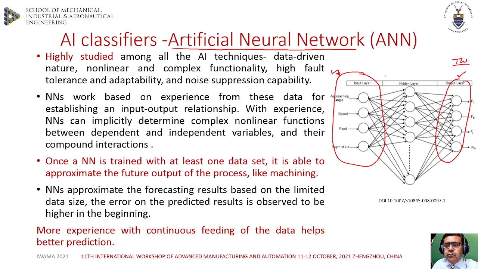The mapping of input and output is done through these hidden layers. Neural networks or artificial intelligence classifiers are basically data driven models. So the more data we have, the more accurate is our prediction. Not only that, the raw data has to be clean and relevant. Then only will we be able to predict nicely.